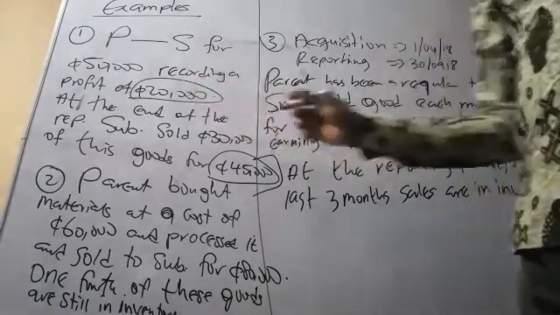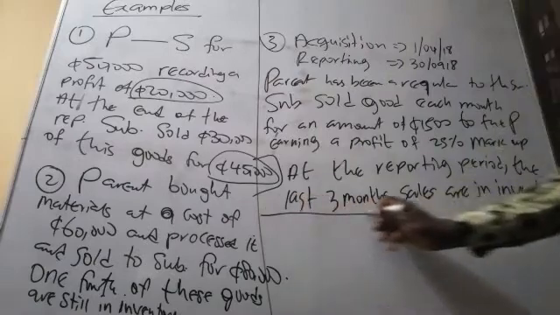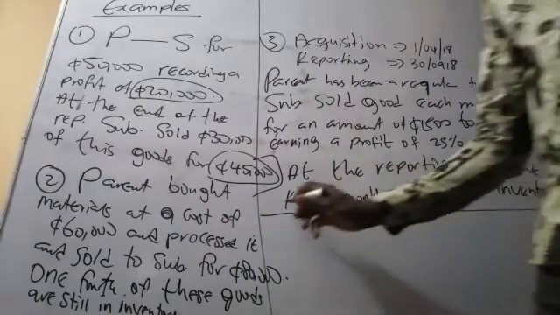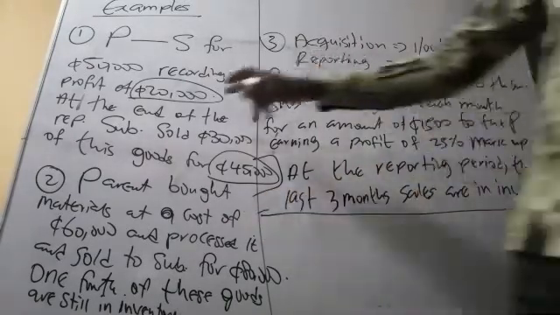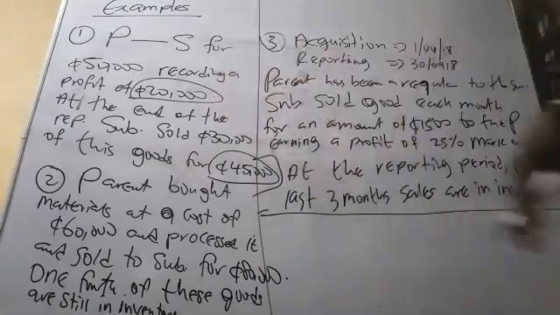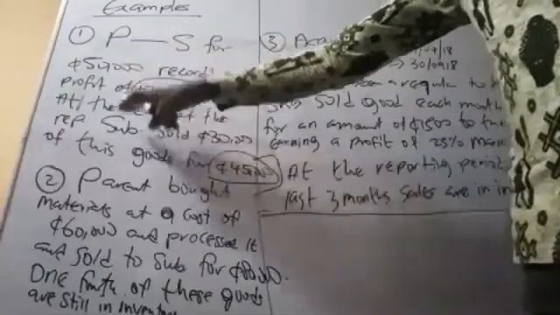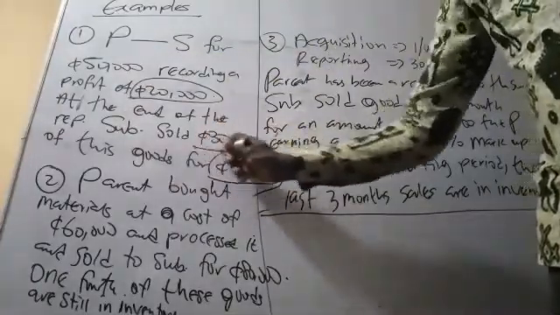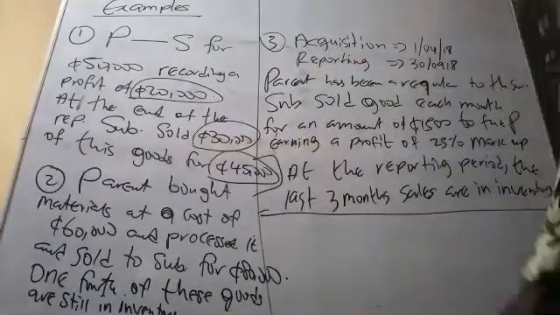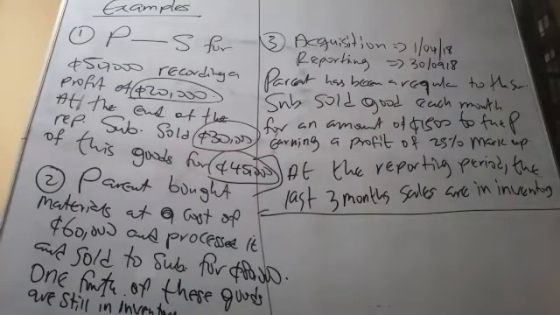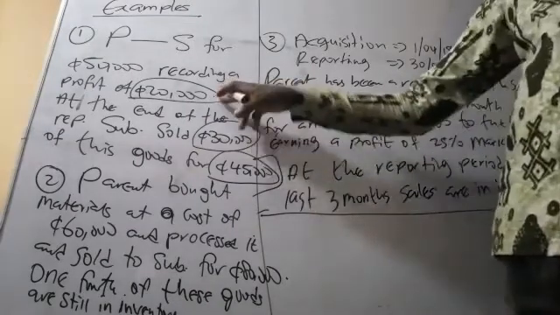To get the unrealized profit, we need the goods left in inventory. Out of the 50,000 sales, the subsidiary sold 30,000 of these goods.